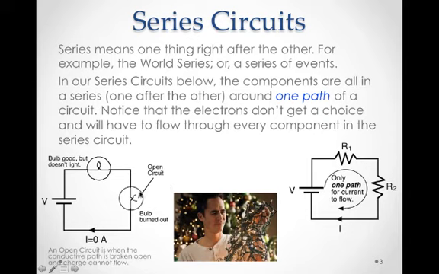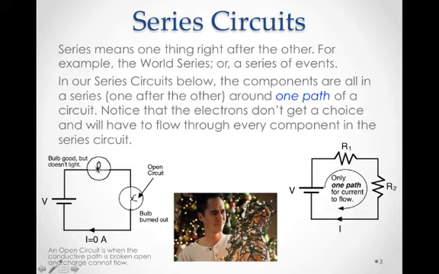Now the problem with that is that if a bulb in a series circuit breaks open and opens the circuit here so current cannot flow through it, it's going to stop the current everywhere in the circuit, because remember, electrons are stacked up bumper to bumper all the way through, and so these electrons can't move forward unless these electrons move forward.